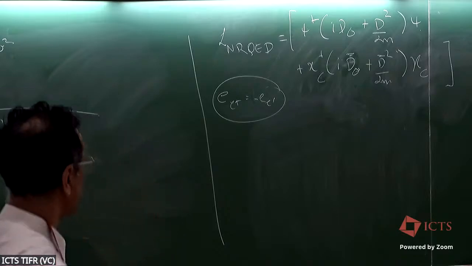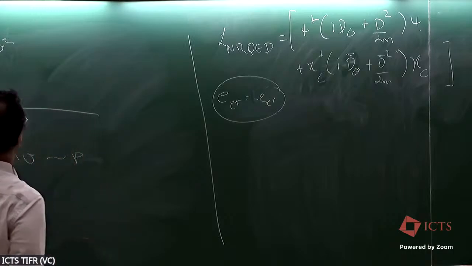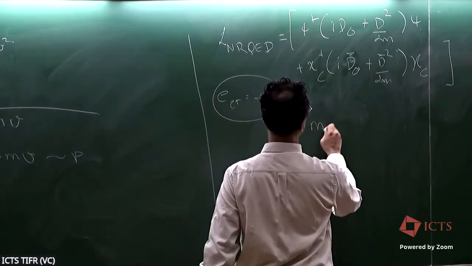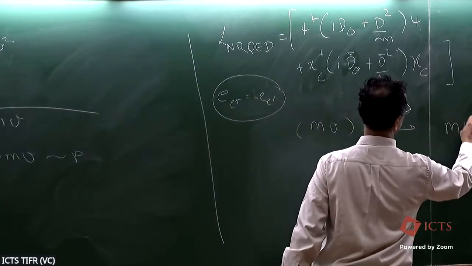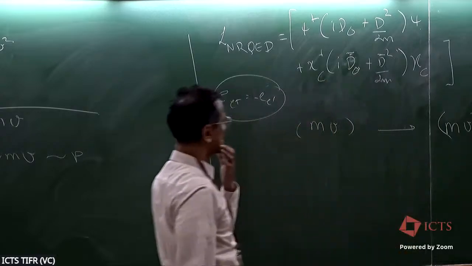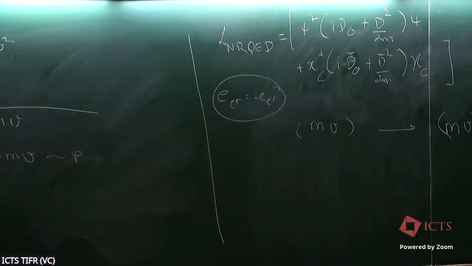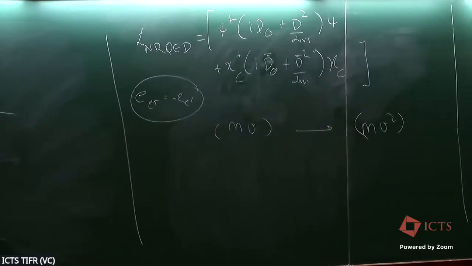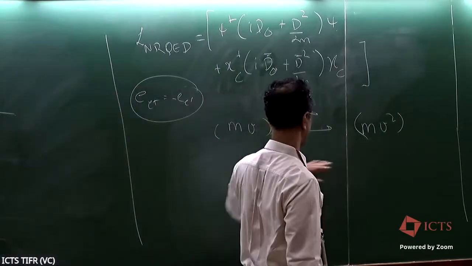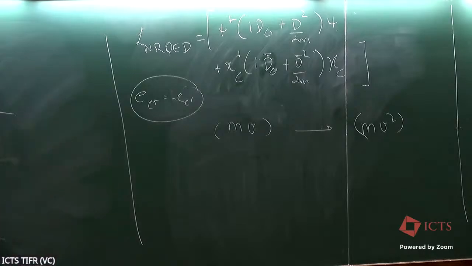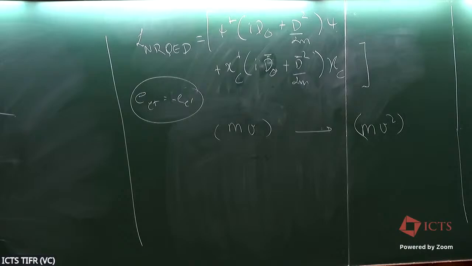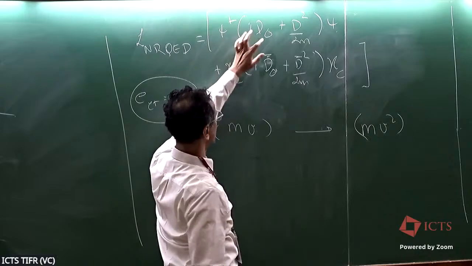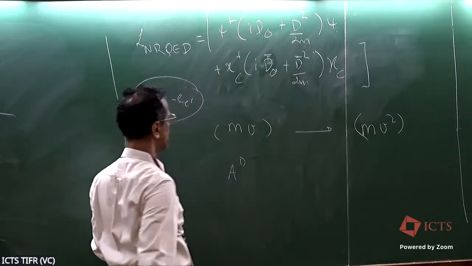Now, the idea is that this theory is valid at mv. Can I go to a theory where the dynamical degrees of freedom only have energies of the order of mv square rather than mv? In that case, in particular, I'll have to integrate out these A0 modes.